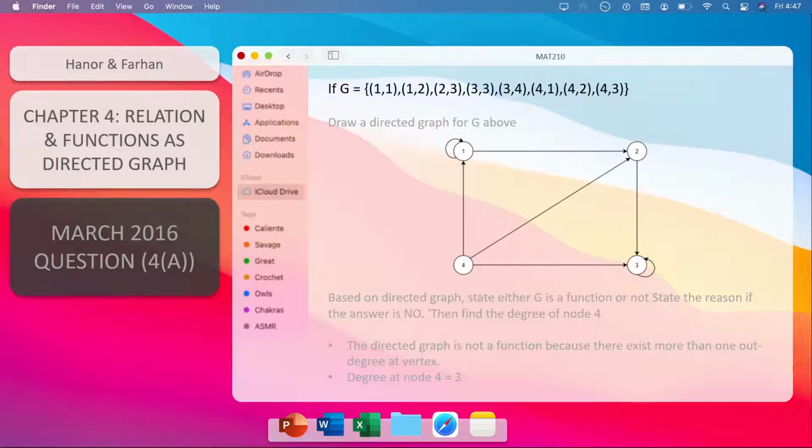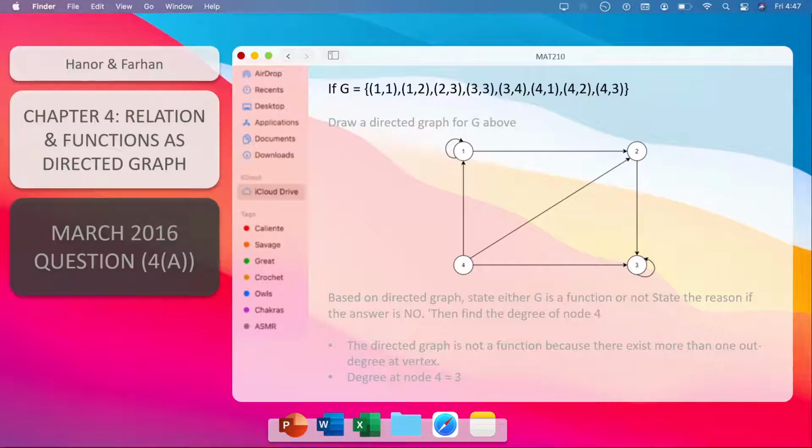So the next question asks us to find the degree of not 4. So look at not 4. For the not 4, the answer is 3, because there are only 3 degree, which is for the not 4, we have an arrow from 4 to 1, 4 to 2, and lastly 4 to 3.